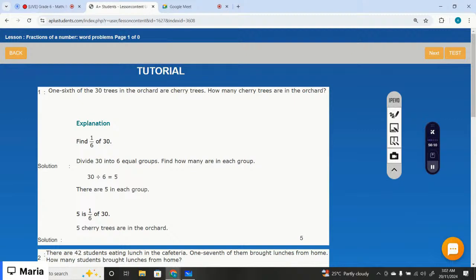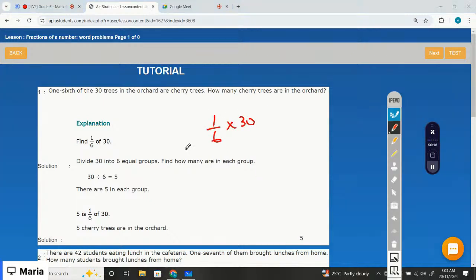So that is one sixth of 30. You have to do 1 by 6 times 30, right? So 30 has the denominator 1. You have to multiply numerator times numerator, denominator times denominator. 30 times 1 is 30, 6 times 1 is 6. So 6 times what number is 30? 6 times 5 is 30.